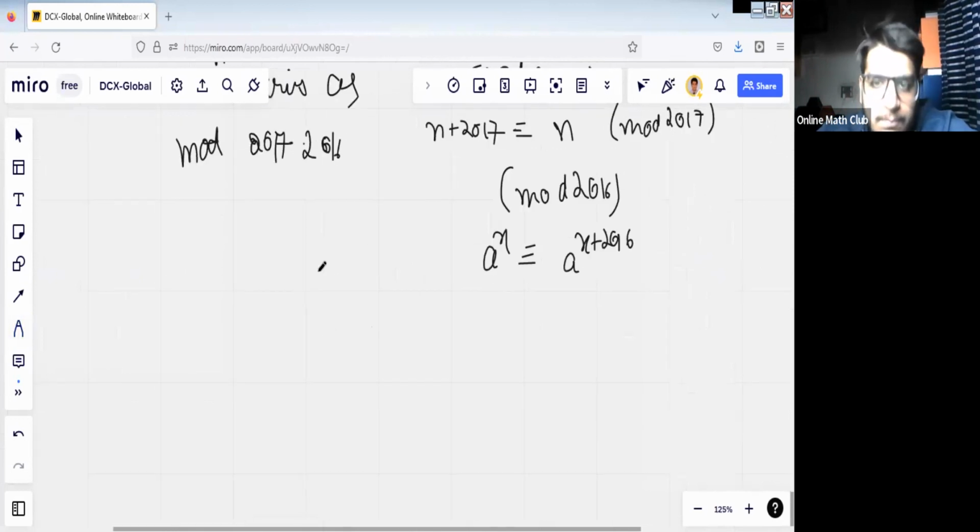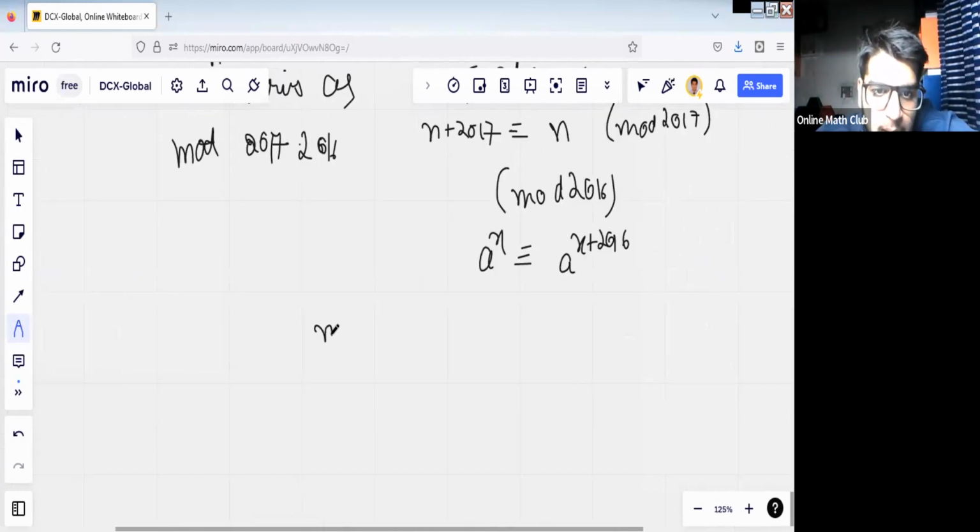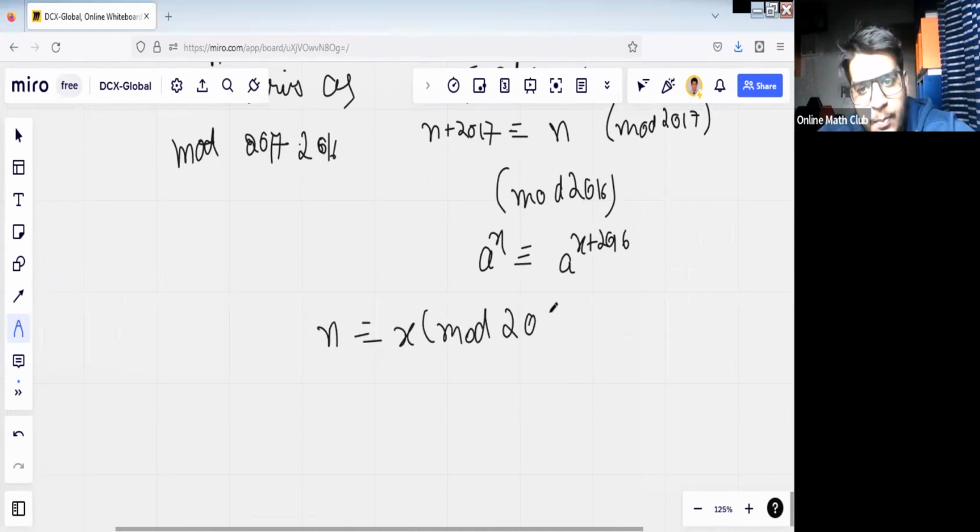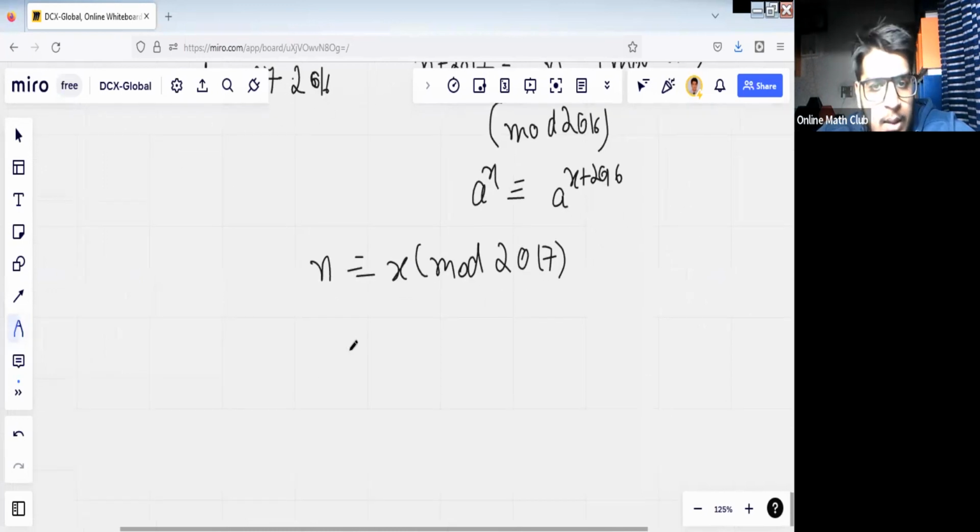Let's consider some n congruent to x mod 2017. Then you have x to the power x mod 2017, the numbers mod 2017 I'm writing.